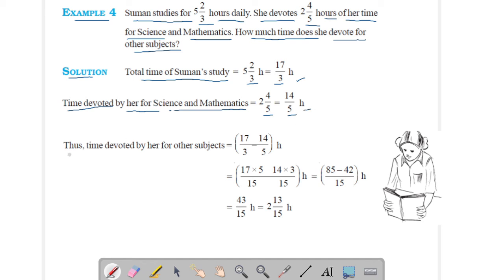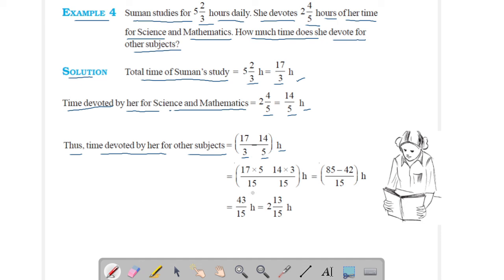Thus, the time devoted by her for other subjects equals 17 upon 3 minus 14 upon 5 hours. Here take the LCM of 3 and 5. The LCM of 3 and 5 is 15.